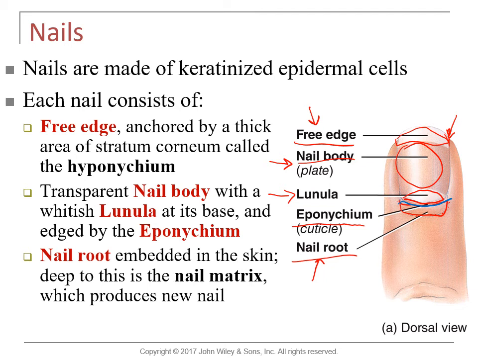It occupies the proximal border of the nail and consists of stratum corneum. Okay, so the portion of the epithelium proximal to the nail root is going to be the nail matrix. The superficial nail matrix cells divide mitotically to produce new nail cells.